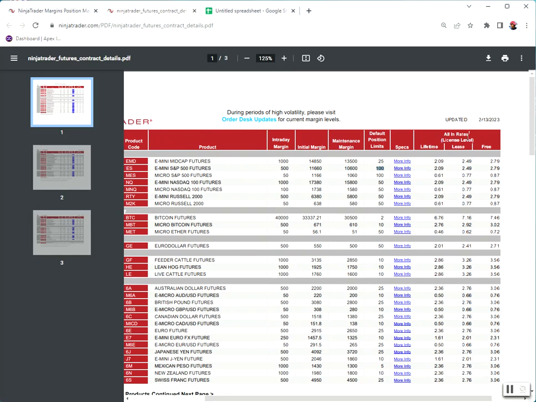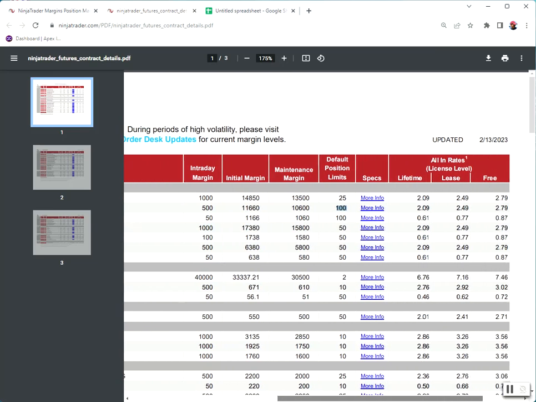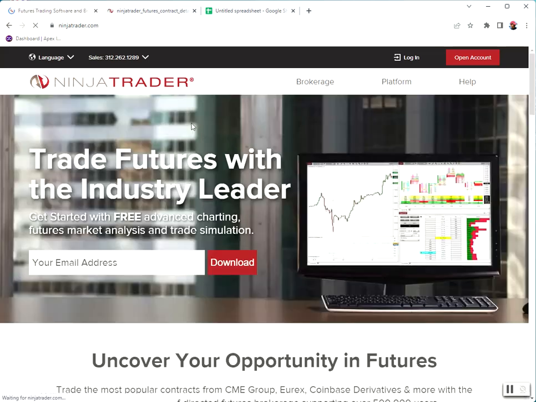And now all-in rates, license level. That's important. License level means that if you have a NinjaTrader platform, which is the platform you're going to download, first, it's free. Free means it has very standard features you use to look at charts, the symbols, and the market movements.